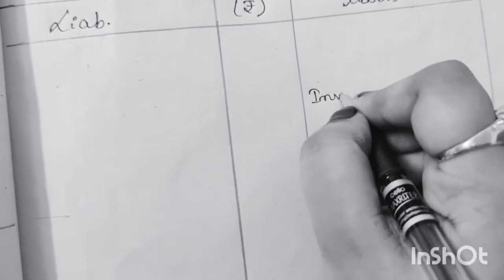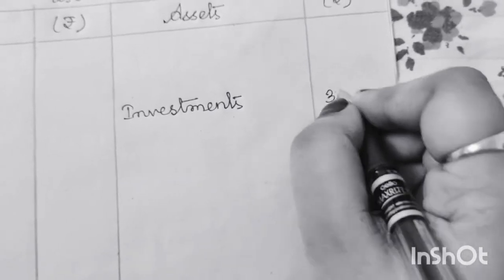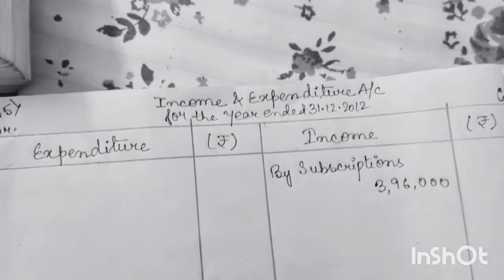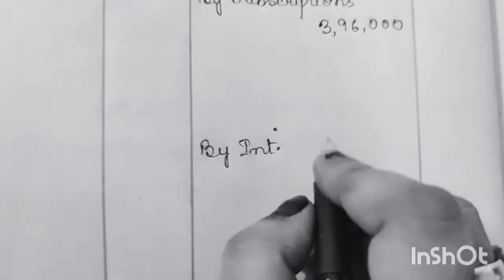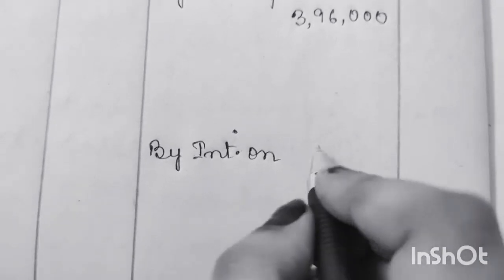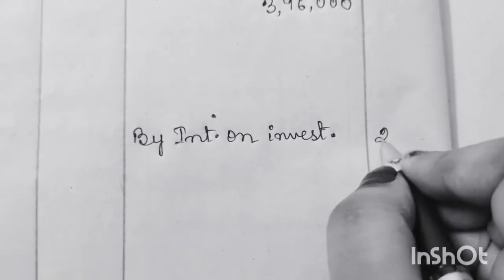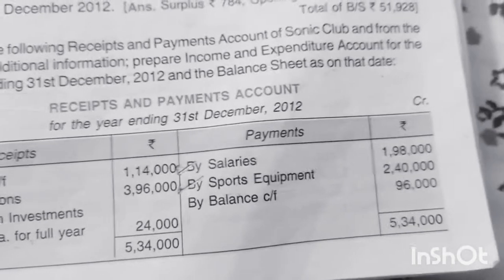So investment 3 lakhs. And as we know, interest on investment is income, so we will record it on the income side, by interest on investment 24,000. Clear?